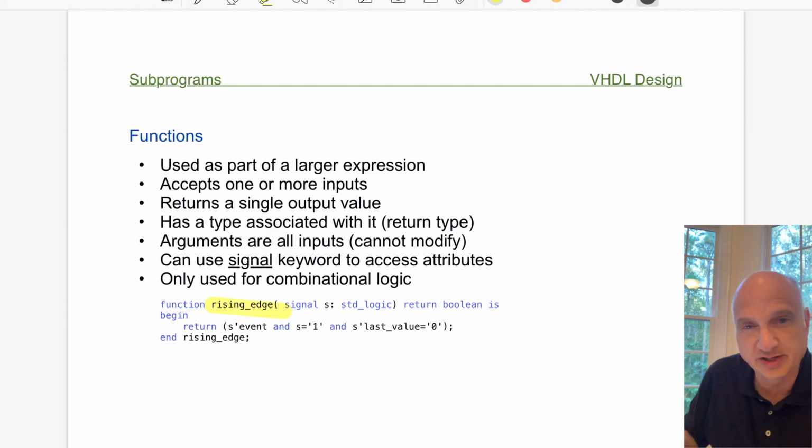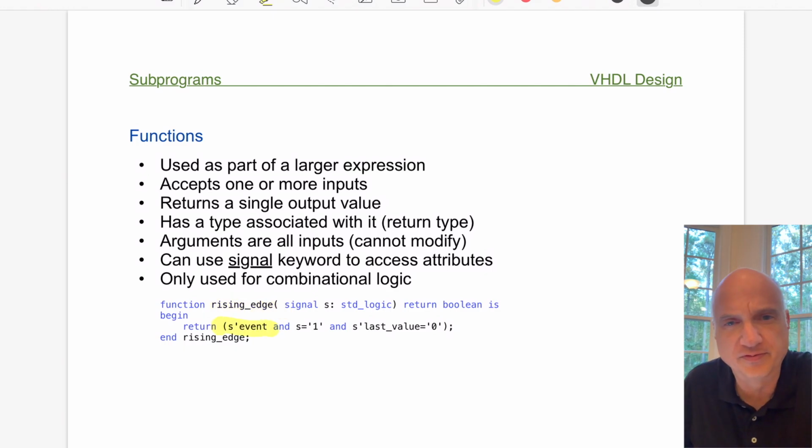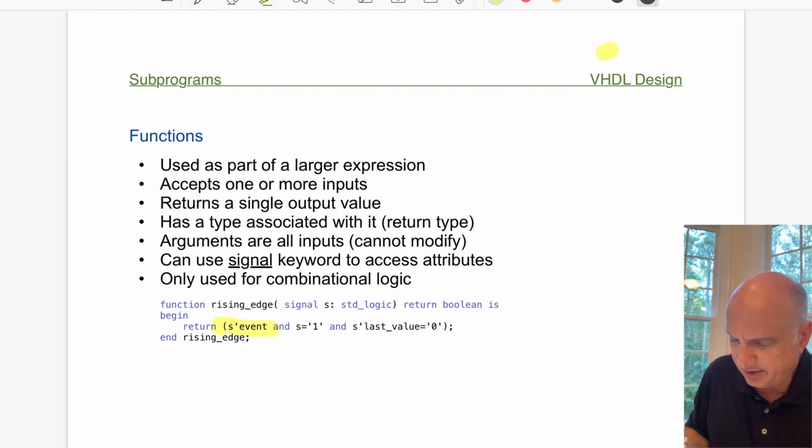Remember, when we're checking for a rising edge, we use the event attribute here to tell if the signal had an event associated with it, and then that's why this is being called. Then we have the current value of the signal, which would be a 1 in case of a rising edge because it's going from low to high.